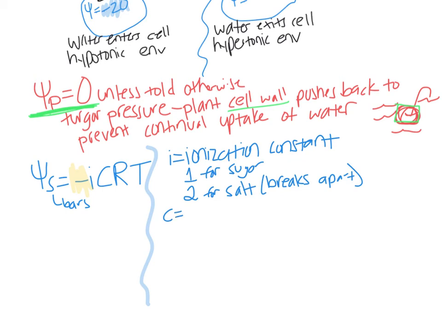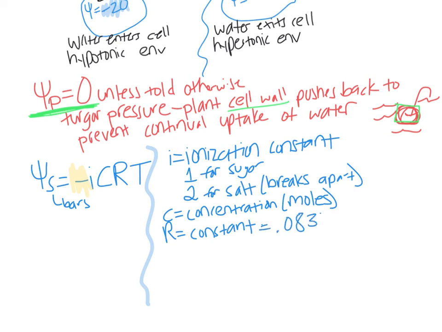C represents the concentration of my sugar or salt, meaning the number of moles of salt or sugar that's dissolved in the water. R is a constant, meaning R is always going to be the same value. And that value is 0.0831.